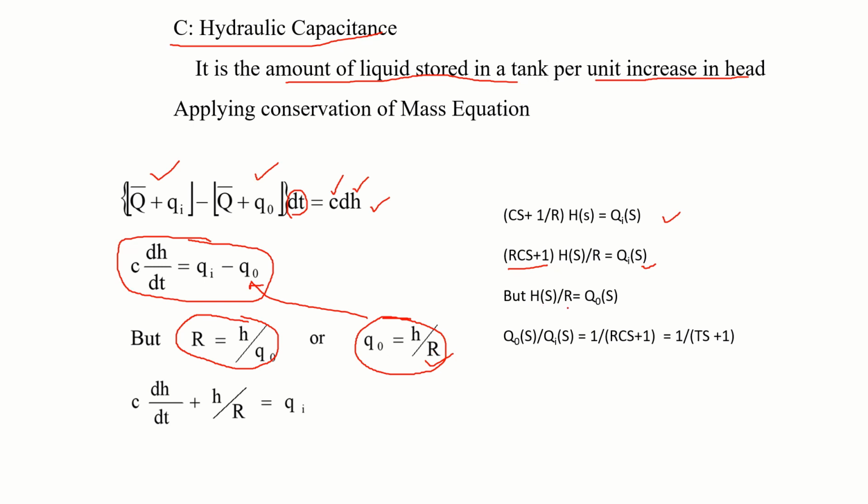So H of S by R is equal to Q naught of S.